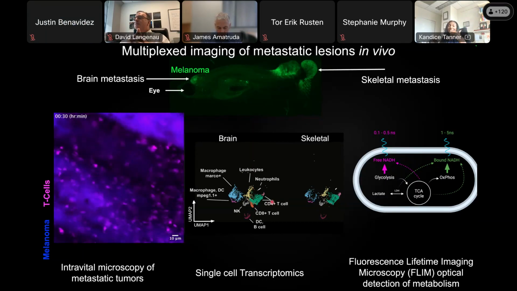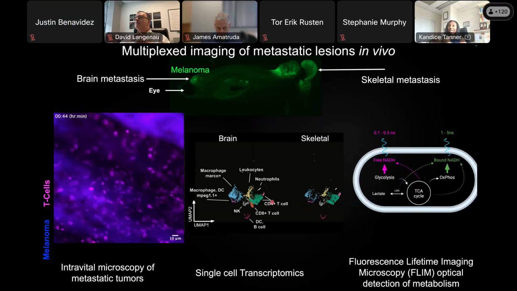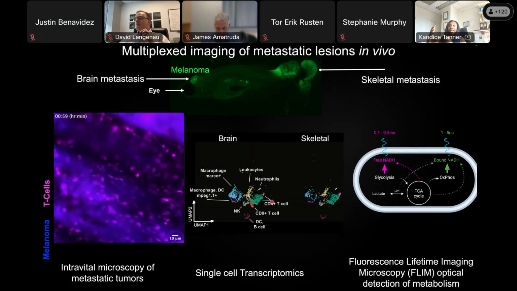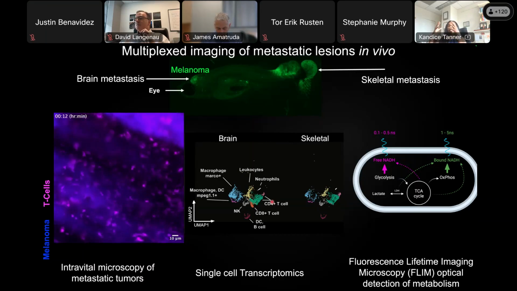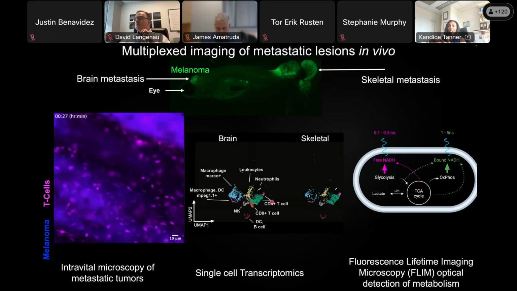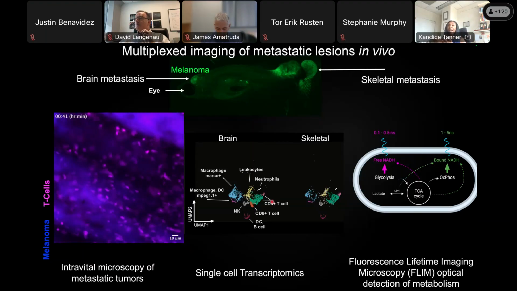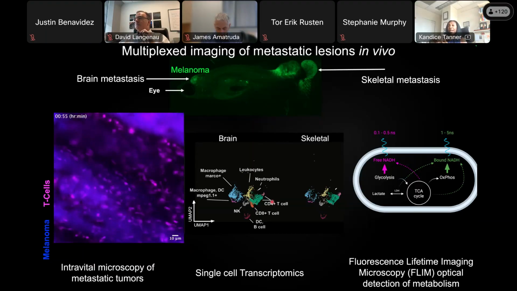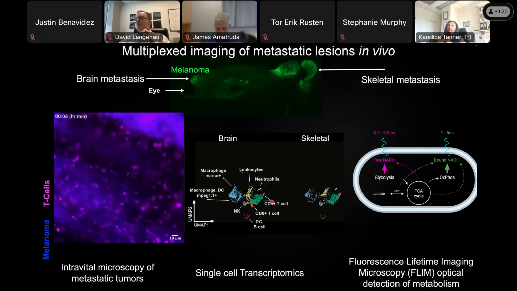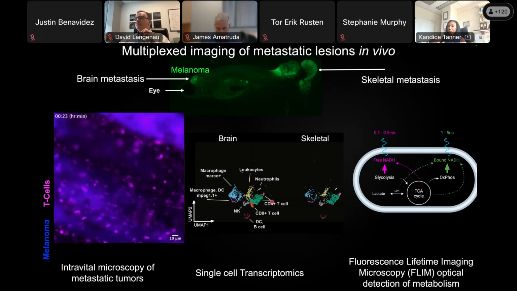Let me say this again: once light excites these fluorophores, the time that it takes before it gets down to the ground state is known as a lifetime. And that could then be used to molecularly fingerprint the types of species that are present.